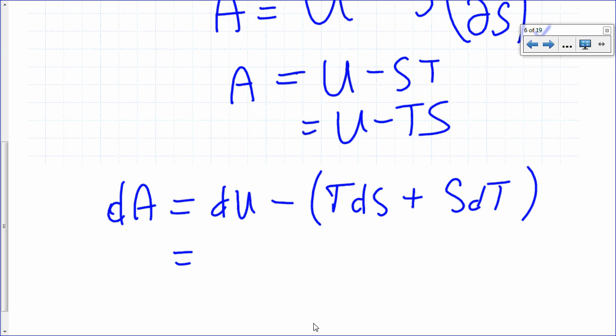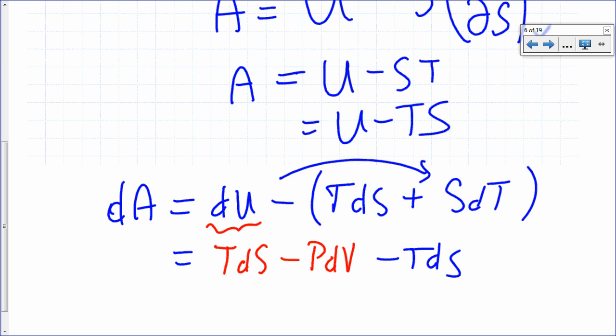Now what is dU? We're going to keep repeating this, so by the time we're done today, you'll have memorized this. It's TdS minus PdV. That's dQ plus dW, right? So minus TdS, and that's minus minus, so minus S dT, right?